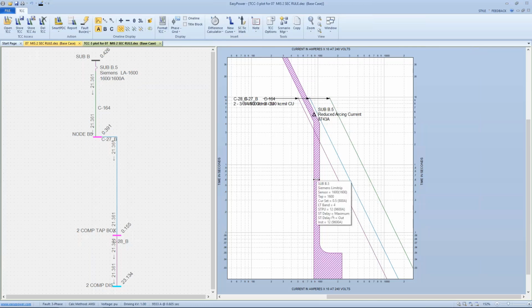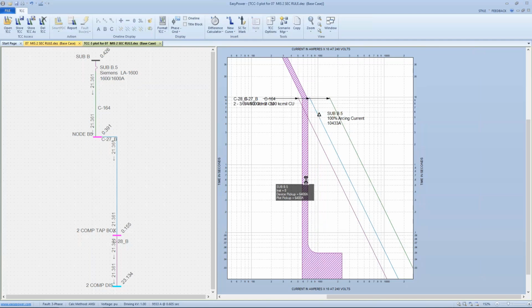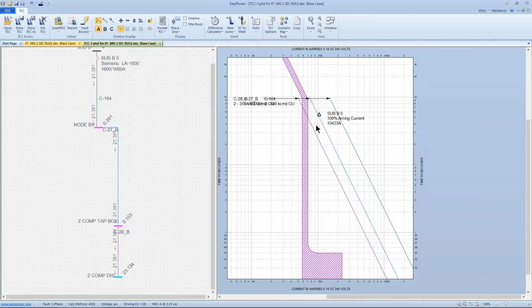The point being, if I left click and drag and make an adjustment to this breaker ever so slightly, now that same current will trip the device in less than 50 milliseconds, and I can see incident energy now below 9/10 of a calorie.